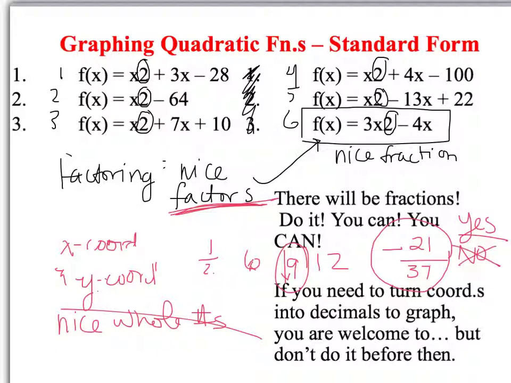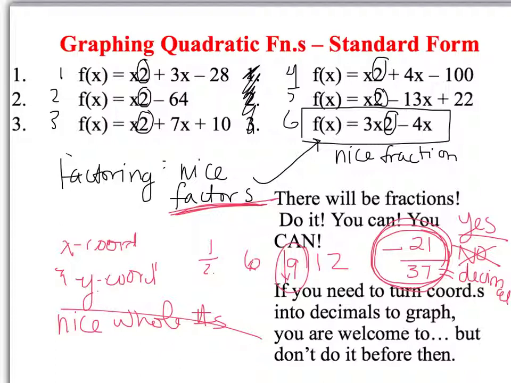No. So with these crazy things, if you aren't sure how to get it onto the graph, and it's something where you're like, she probably doesn't want me to graph counting by 37ths, your other option to get a good estimate, an accurate thing, is to change it to a decimal and then estimate where that's at.